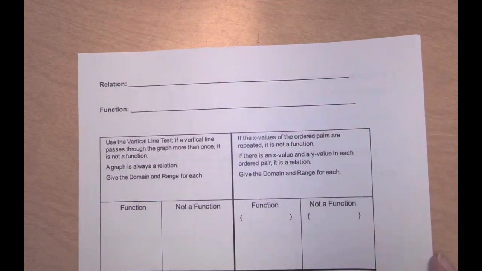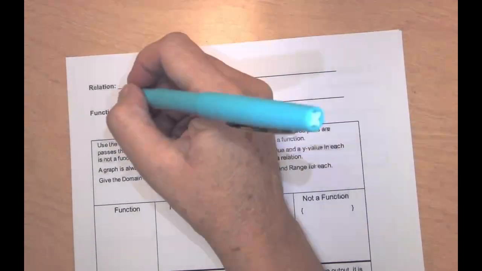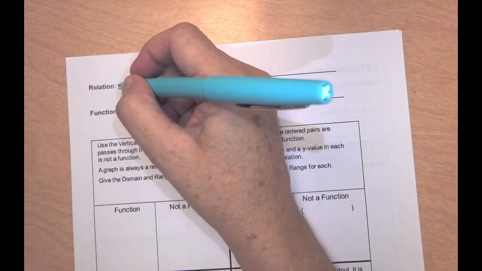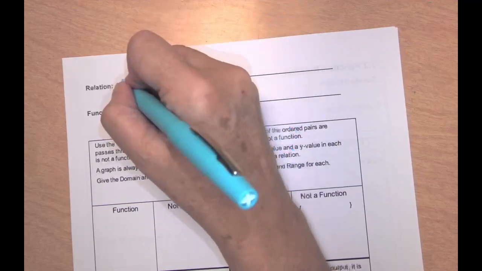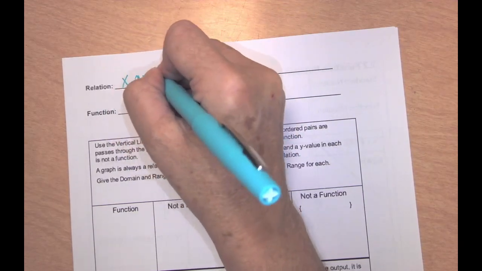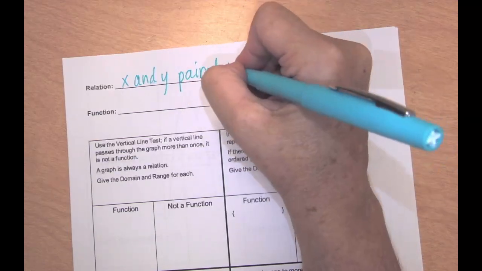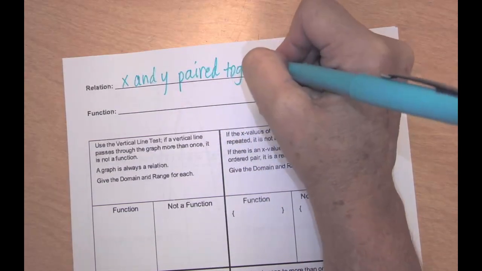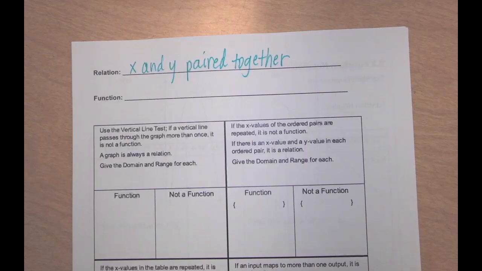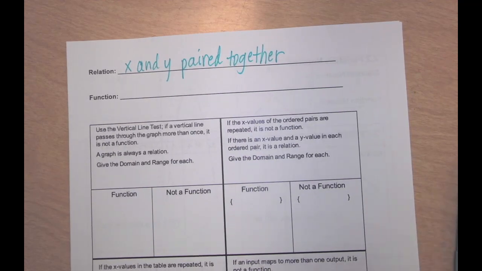So then what we're going to do is learn the difference between a relation and a function. A relation is just X's and Y's paired together. You've got X's paired with Y's. It's just a group of partners, basically. X and Y have a relationship. They're paired together. Now, a function is a relation.